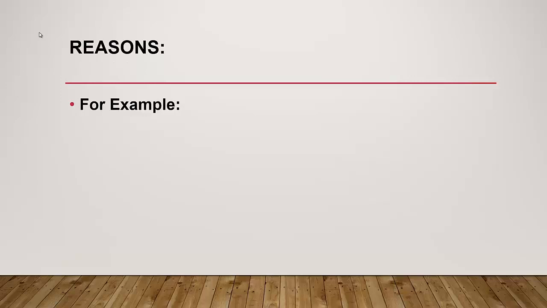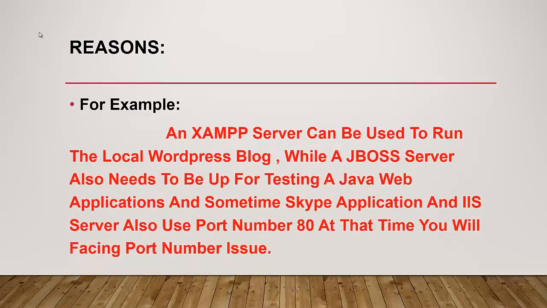For example, an XAMPP server can be used to run a local WordPress blog, while a JBoss server also needs to be up for the testing of Java web applications, and sometimes the Skype application and IIS server also use port number 80.